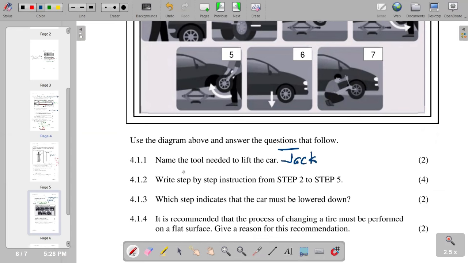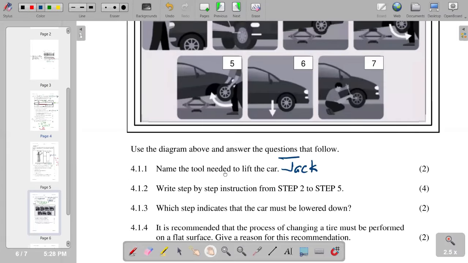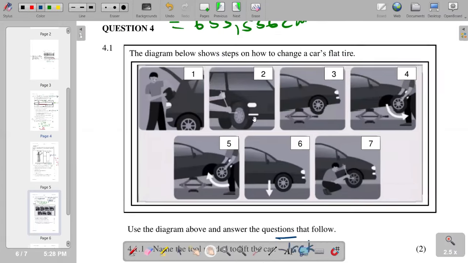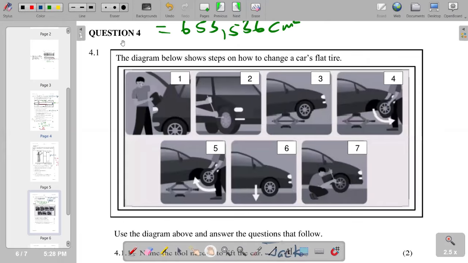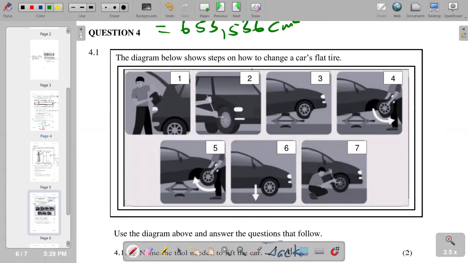Then the second question: write step-by-step instructions from step 2 to step 5. So we can see that we have got our step 2 on this part, and then we have to write them down up to step 5, from this point to this point. So we can start with step 2.